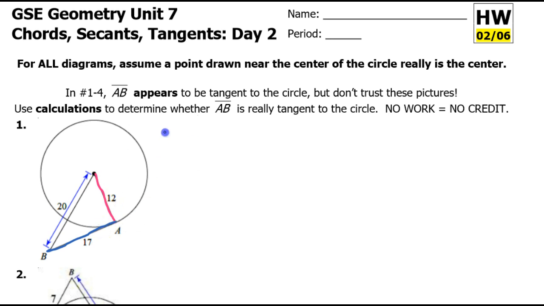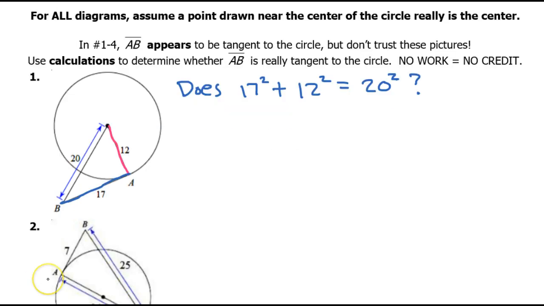So we can ask ourselves, does 17 squared plus 12 squared equal 20 squared? In other words, does 289 plus 144 equal 400?